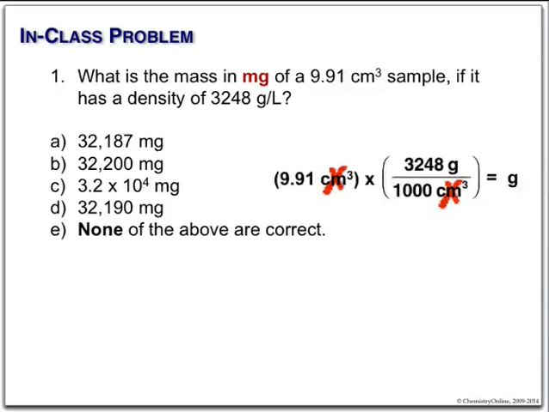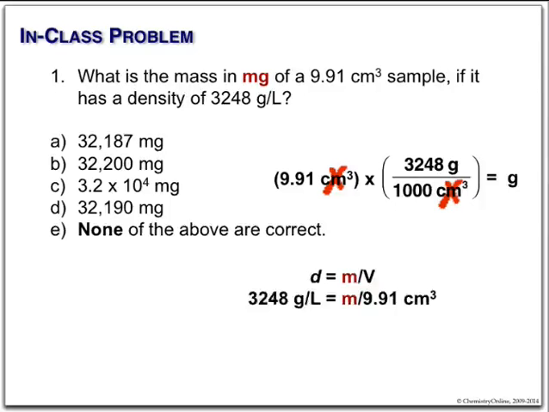So we do this very simple calculation. This is very much like the tutorial density 1. All we're going to do is take our 9.91, multiply it by this, divided by 1,000. We could also do it this way, using our formula, plugging in, solving for mass.